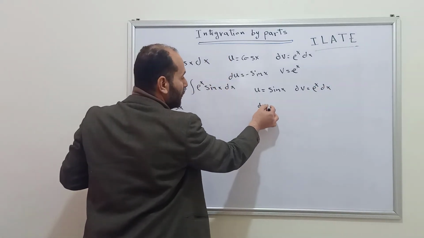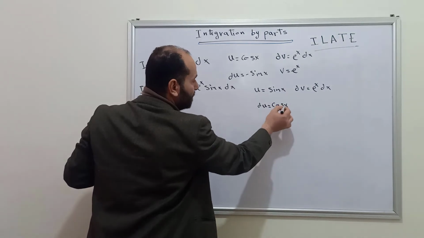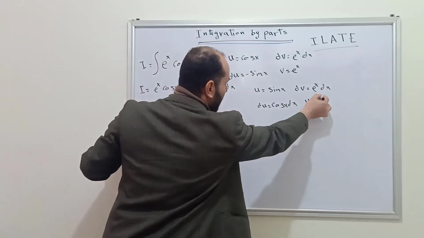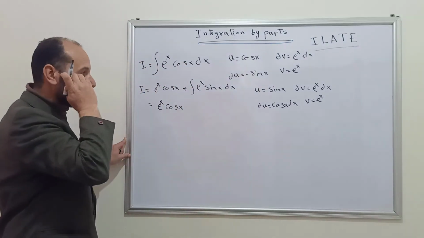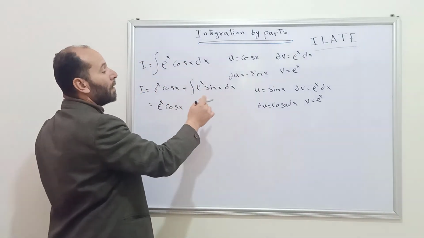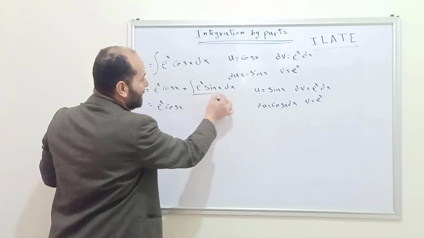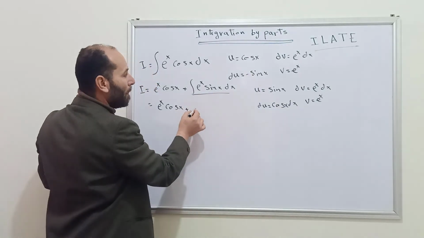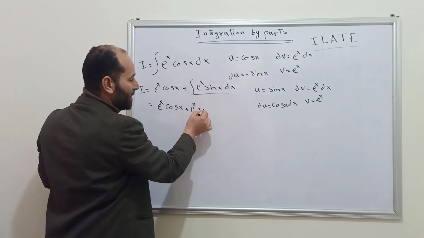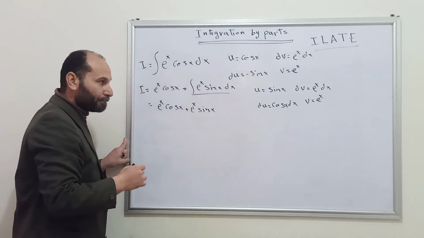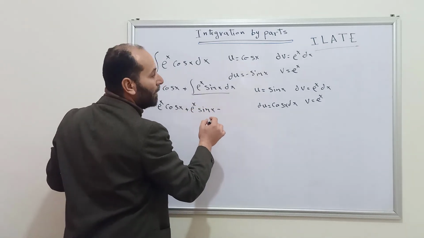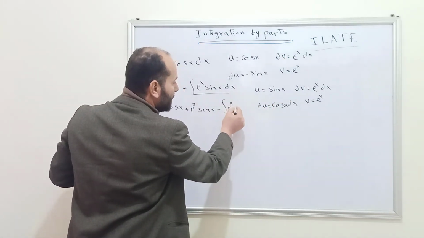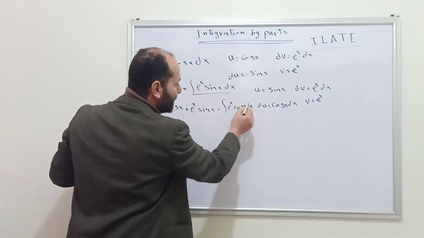So du equals cosine x dx, and v equals e power x. We find this integration equals uv, e power x sine x, minus integration v du, e power x cosine x dx.